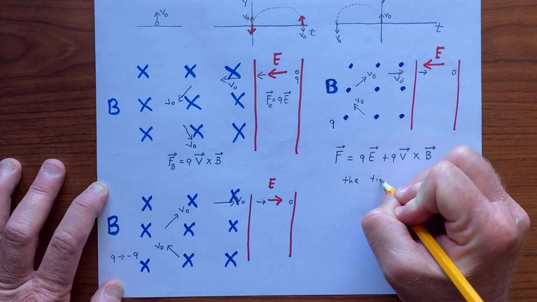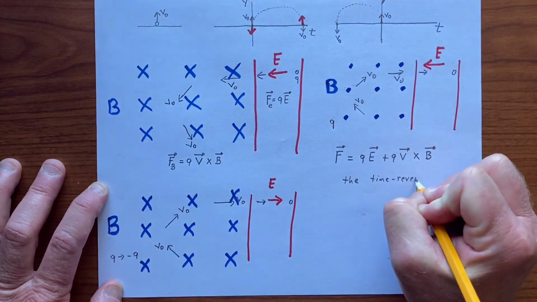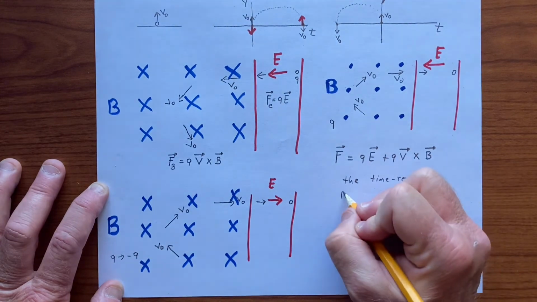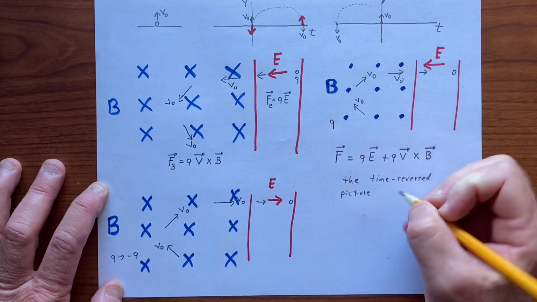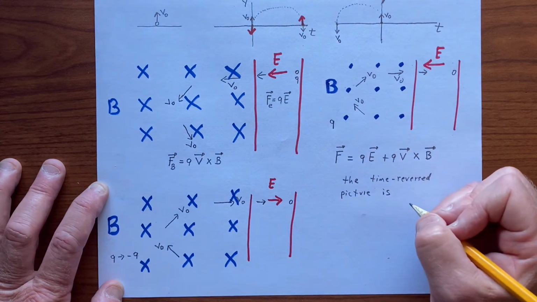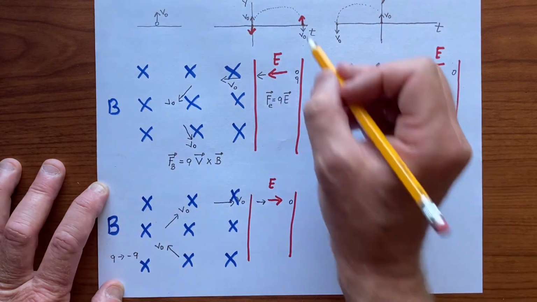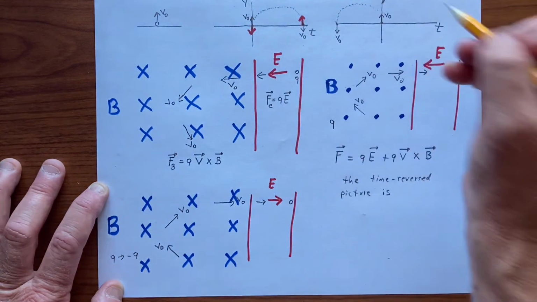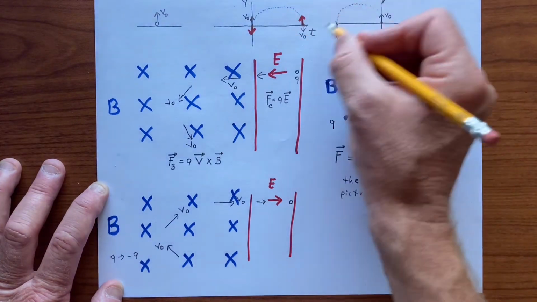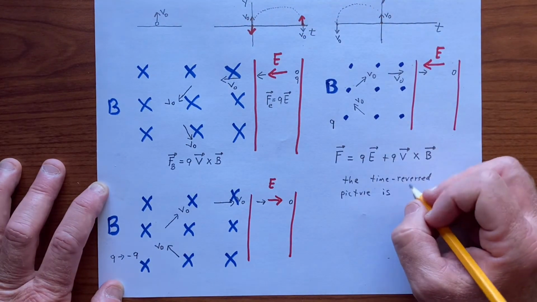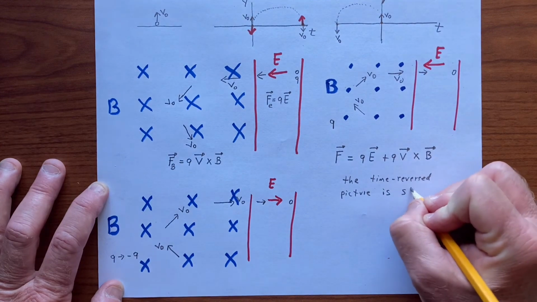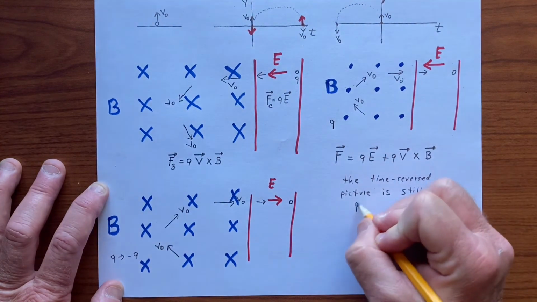So the time reversed picture, although it's not exactly the same as it was, for example, in the simple kinematic equation for an object launched in the vertical direction with gravity, is still reasonable.